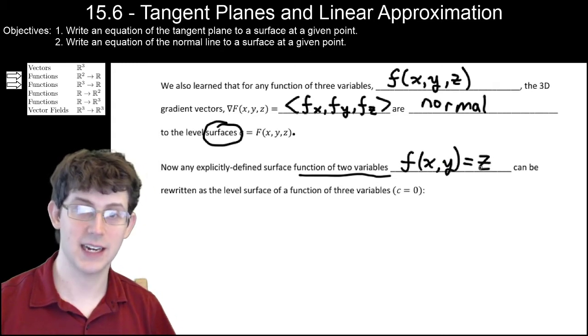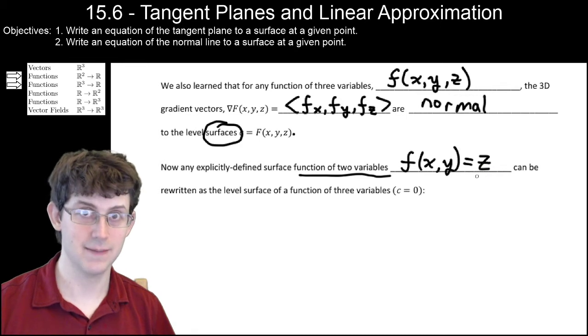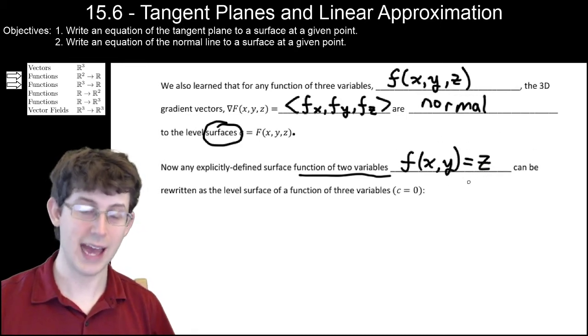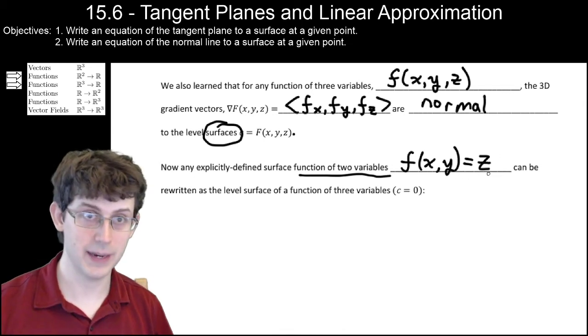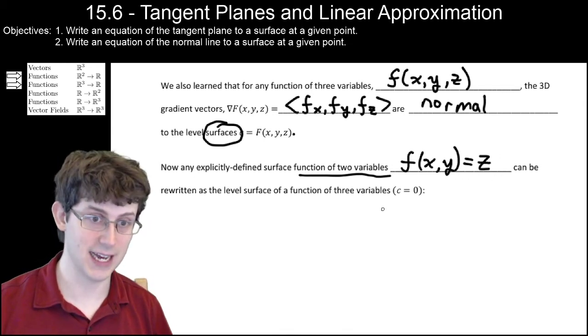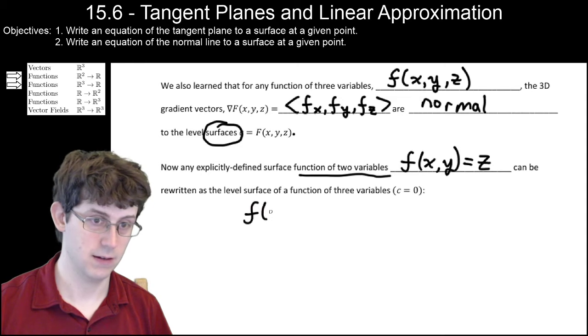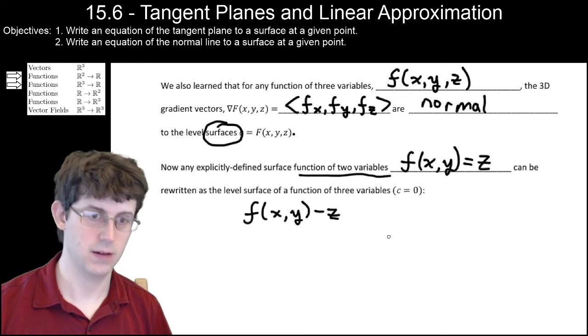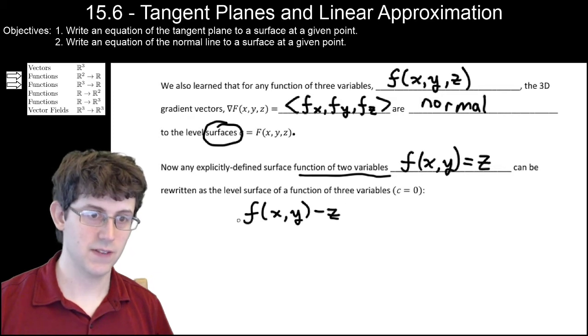So you're thinking of it as z equals f of x y. If you have this equation, you can think of it as a function of three variables by just subtracting the z to the other side. So here's a function. It's a function of three variables.